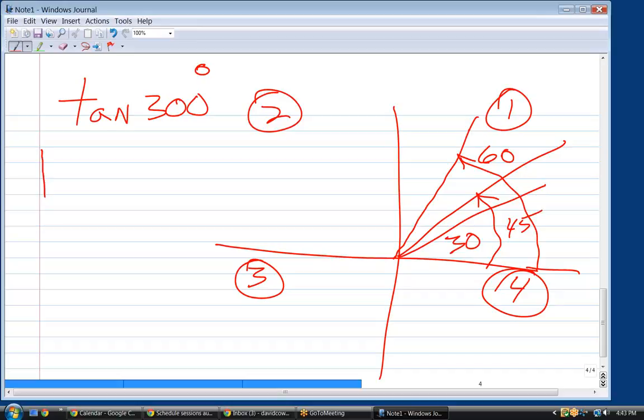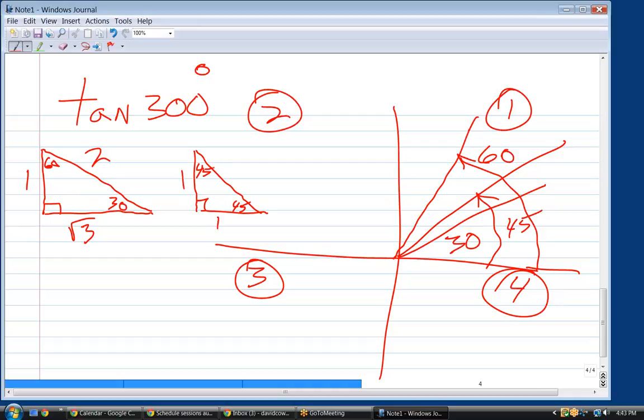Now, let me draw the special right triangles that you've been learning about for 3 years in algebra and geometry. That's the 30-60-90 and the 45-45-90. If you can remember these 2 pictures, then you can get any of the trig functions for your 30, 45, or 60-degree angle.